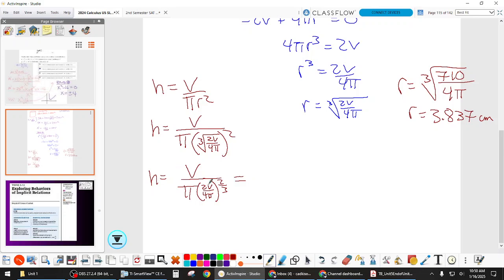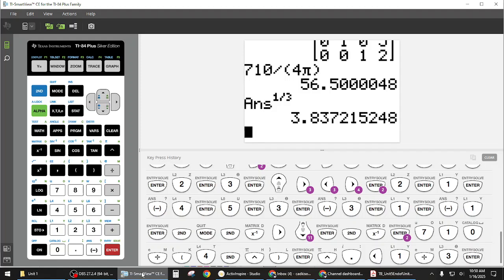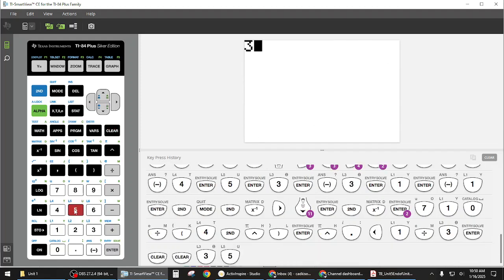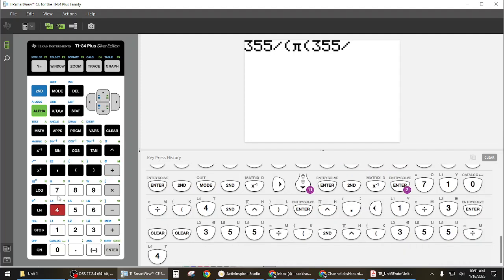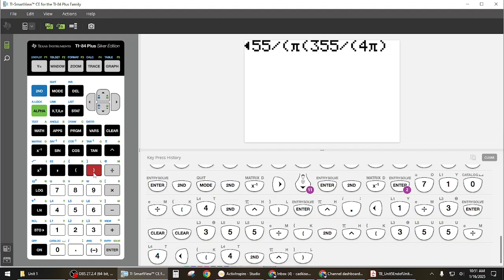So this is 355 in all these places. I'll help you plug it in, or show you, I guess. So 355 divided by some giant mess of a thing by pi times 355 over 4 pi. I better put parentheses there too.